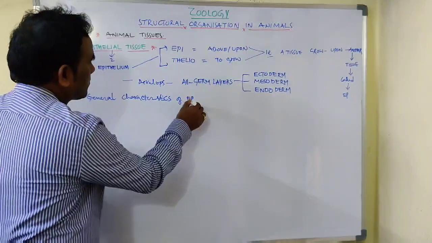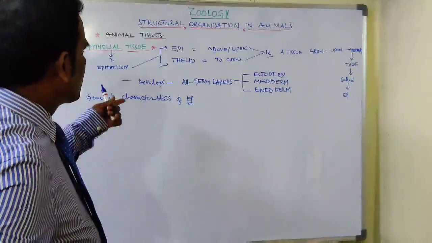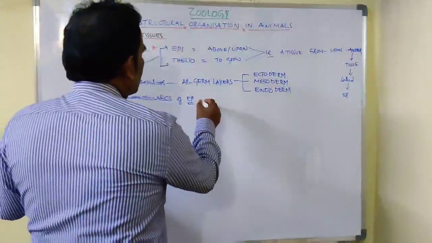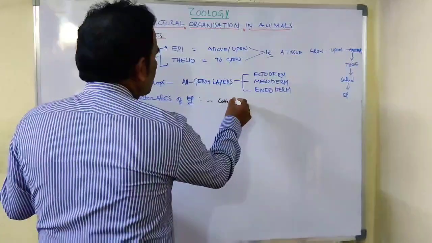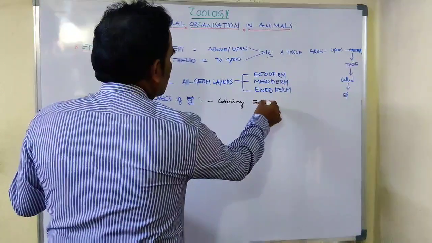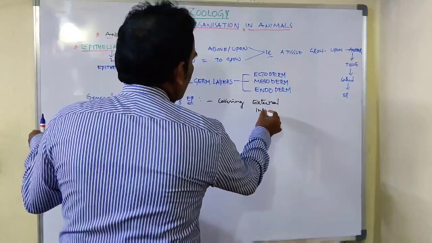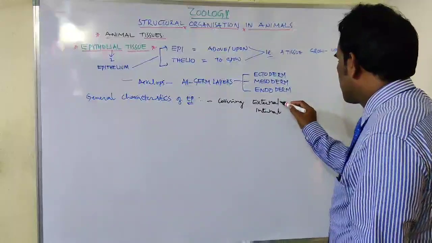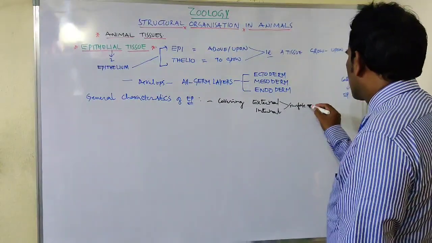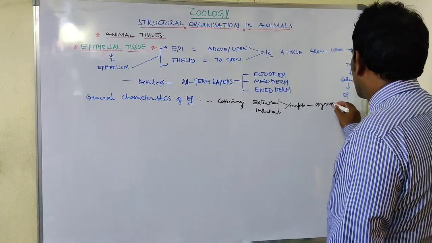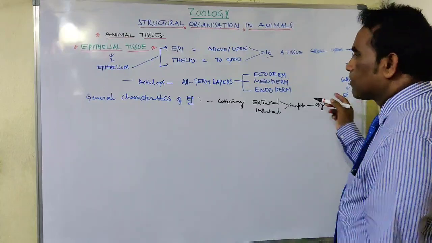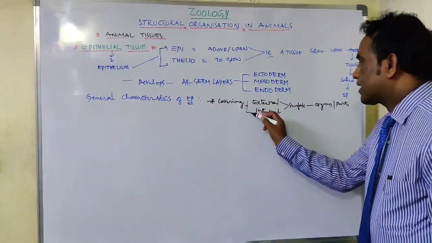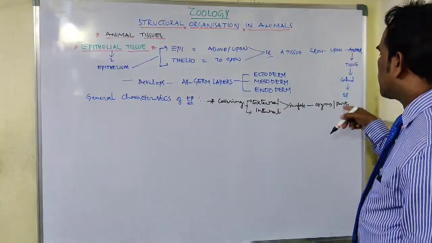As we said, epi means above or upon, so it is a covering, either external and internal surface of organs or parts.